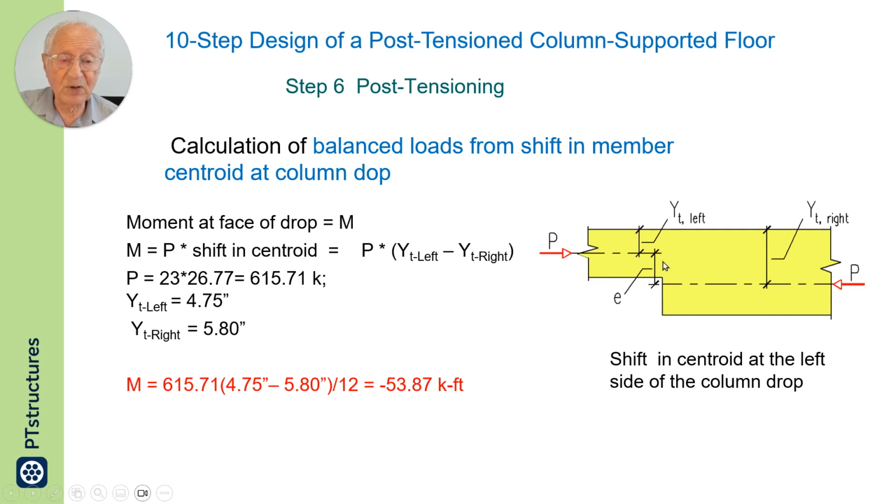There will be a bending moment because of the shift in the centroidal axis. The moment is equal to the force times the shift in centroid. Here is given. I have the force and I have the distances to the centroids. I have the distances here and here, so I can calculate the shift E, and the moment is so much. This moment will be exerted at this location.